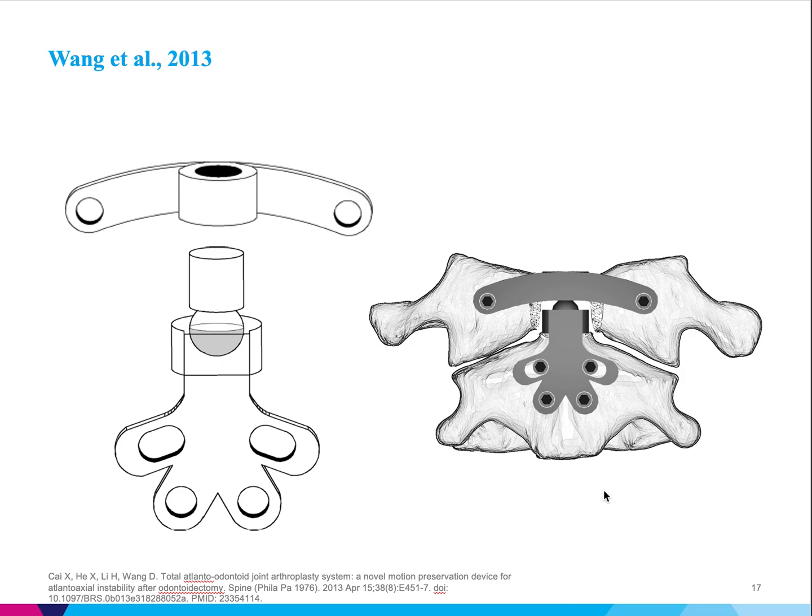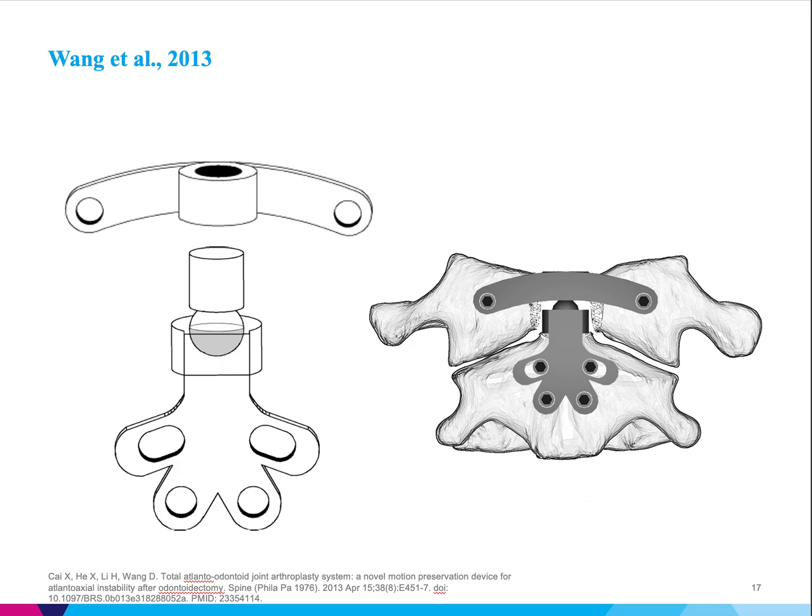It also requires resection of part of C1 and resection of part of C2. So again, remember, C1 rotates about C2, and that rotation occurs along the dens, which is that superior protrusion off the C2 vertebra. And so in these instances, and for this arthroplasty, they're resecting the dens, that's this open space, and that's where this implant sits.